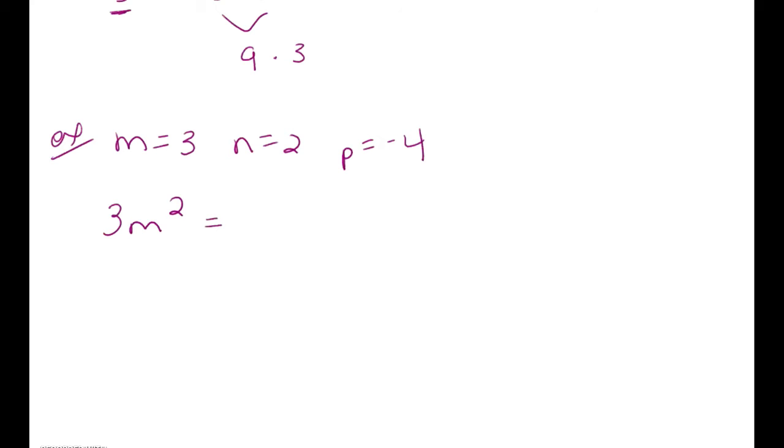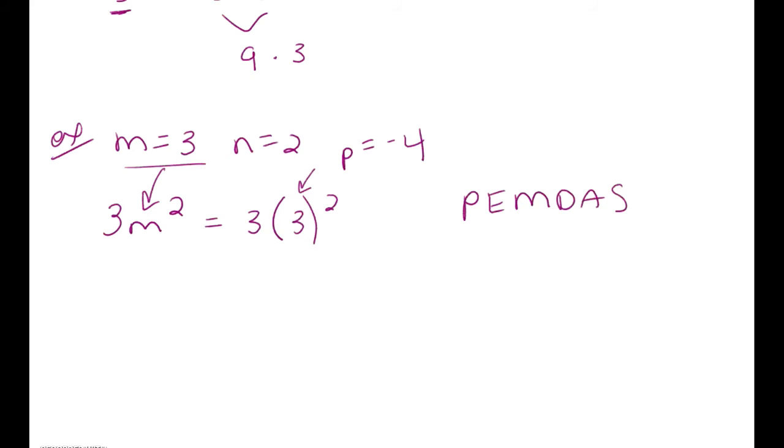So basically we need to do a substitution here for m, right? M equals 3, so I'm going to make that substitution here. And remember, when I make a substitution, I'm going to put the substitution in parentheses. And the reason that's important is because in PEMDAS, exponents come before multiplication, and order matters.